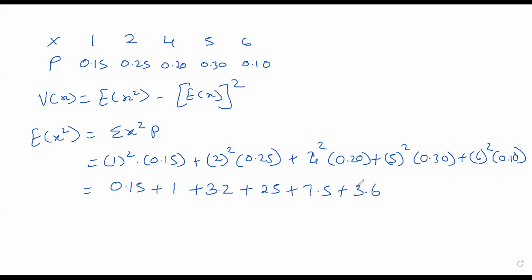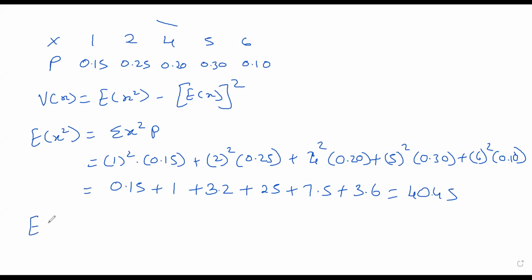This is 0.15 plus 1 plus 3.2 plus 25 plus 7.5 plus 3.6. It is 40.45.